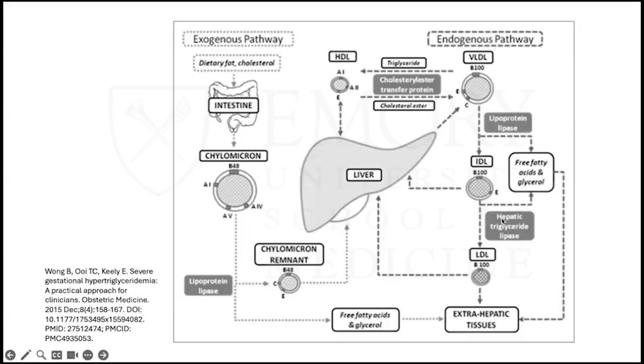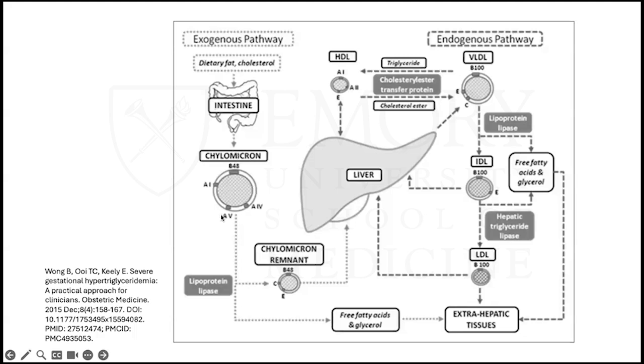Here is a figure reviewing what lipid metabolism looks like. You have both your exogenous and endogenous pathways. In the exogenous pathway, dietary fat gets absorbed by the intestines and is compiled into what we call chylomicrons. These are lipoproteins that predominantly carry triglycerides.